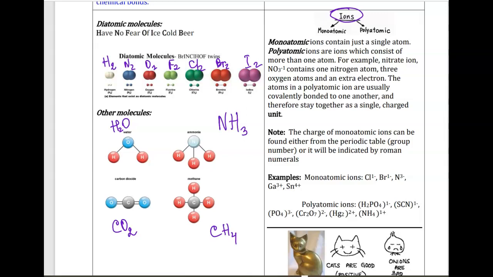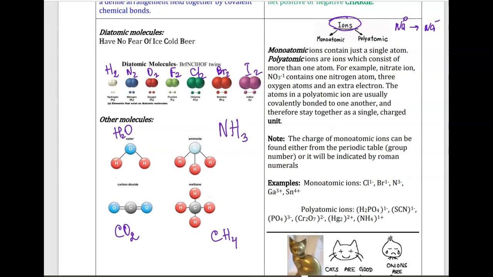Okay, so for ions, we were talking about the way atoms become more stable by forming ions, and when an atom becomes an ion, it's a monoatomic ion, like for example sodium positive, or let's say fluorine becomes fluorine negative, or sulfur becomes sulfur 2 negative. So these ions are monoatomic because they are formed out of only one atom.